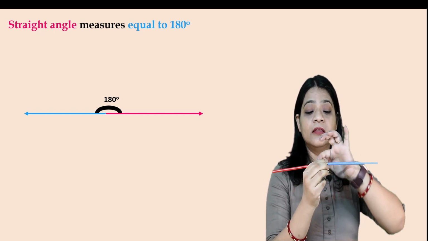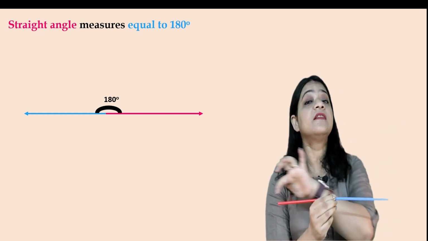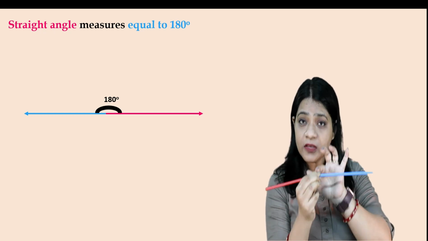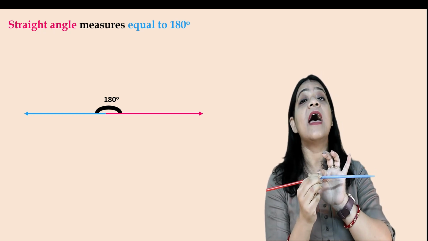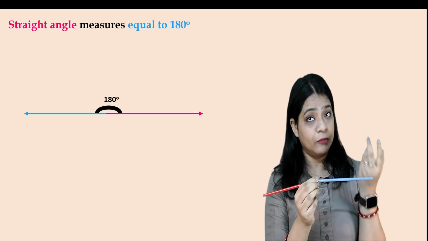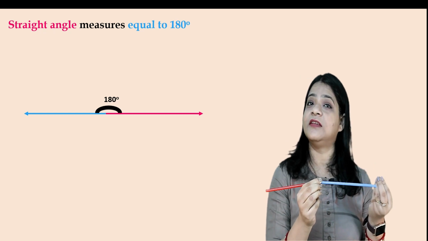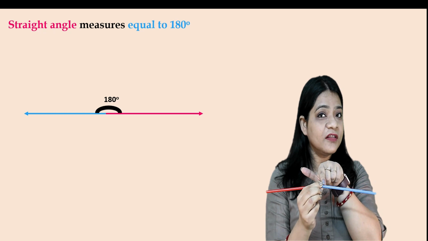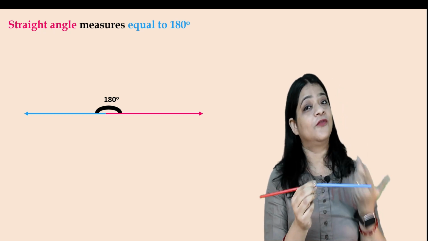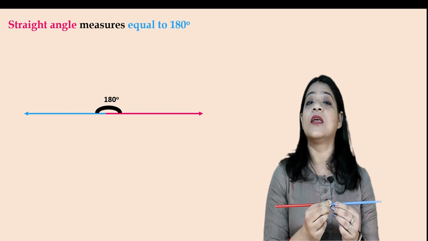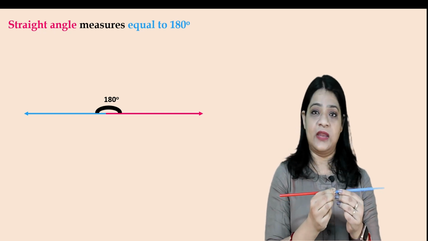See here, this is one ray, this is another ray, and both these rays are originating from this common point. Any two rays originating from a common point is called an angle. So, this is an angle and we call it a straight angle.